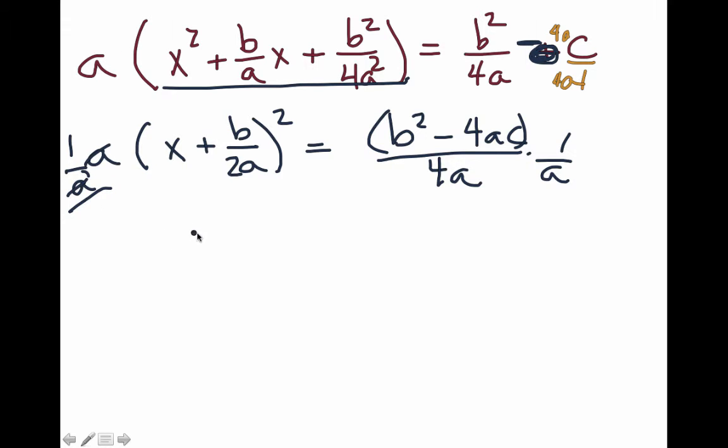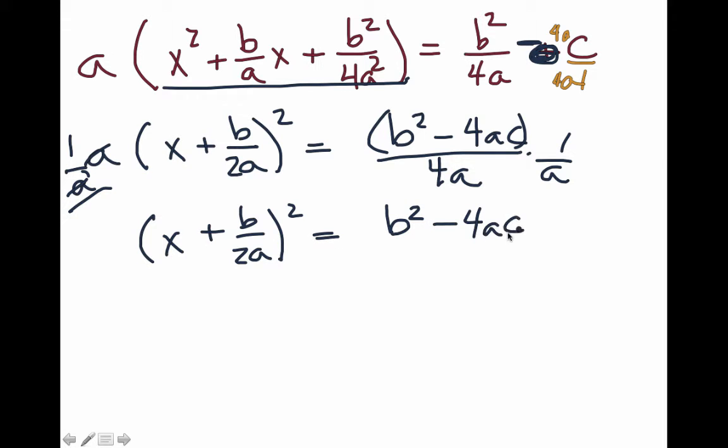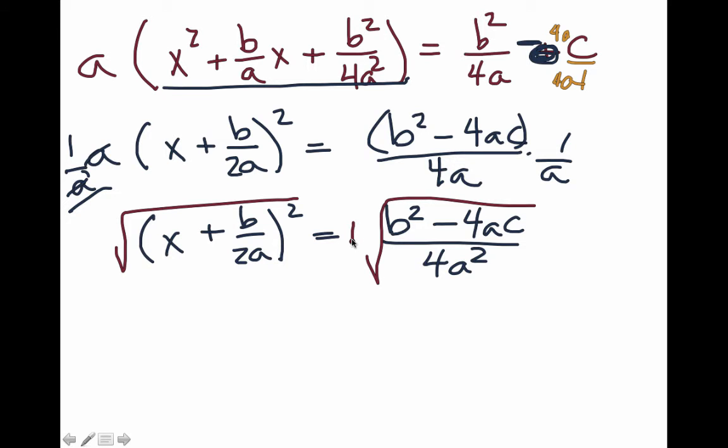I'm left with, on the left-hand side, x plus b over 2a quantity squared equals b squared minus 4ac, that whole mess, over 4a squared. I need to get rid of this square. I take the square root. But I got to remember the plus minus in front.